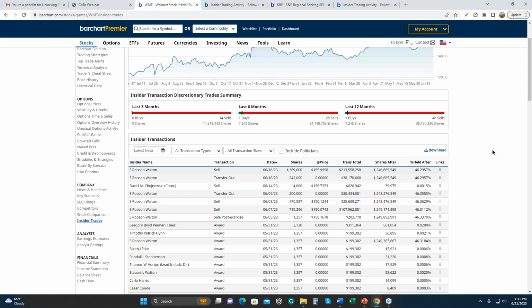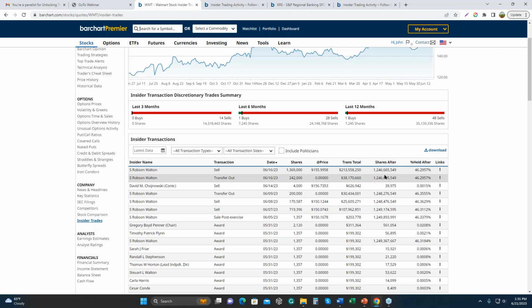I don't think so. We look at the number of shares that he owns after one of these transactions: 1.2 billion shares. This might be difficult for us mere mortals.